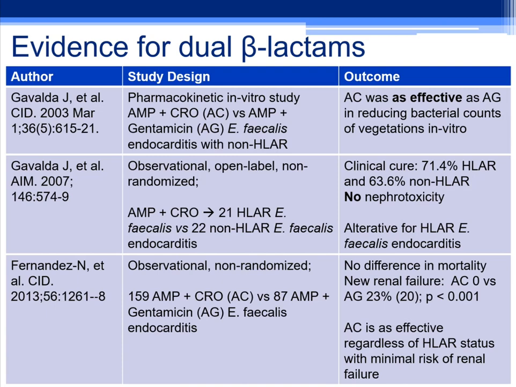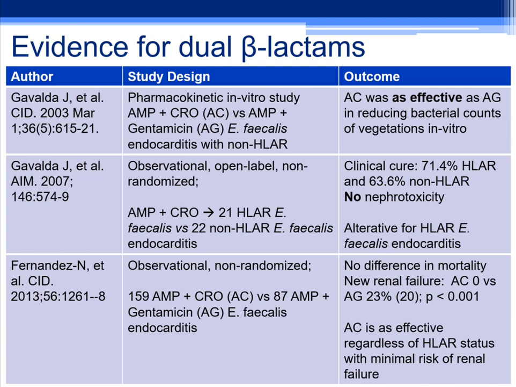Taking that further, the same people did an observational open label trial with a very small number of participants, differentiating high-level aminoglycoside resistant faecalis versus non-high. They showed that in high-level resistant Enterococcus, you can use ampicillin plus ceftriaxone as a substitute, so it was a potential possibility.